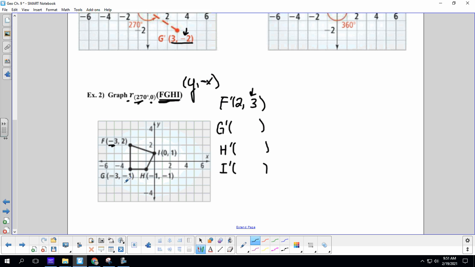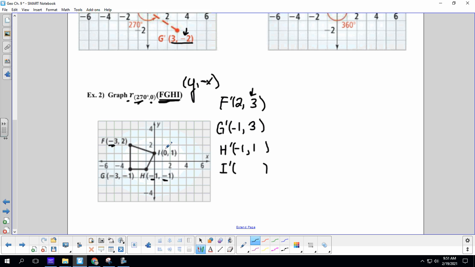Okay, so for the G, I'm going to switch the -1 and -3, but instead of -3, I'm going to change it to +3. So the second number changes. Okay, so for H, I got -1, -1. That's easy. This becomes -1, and the second number becomes +1. So I change the sign of that second number.